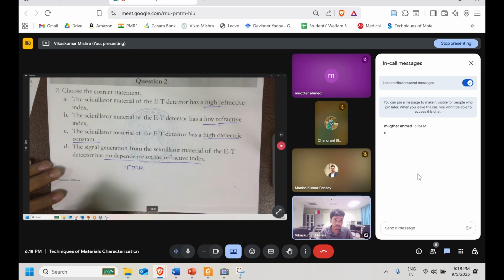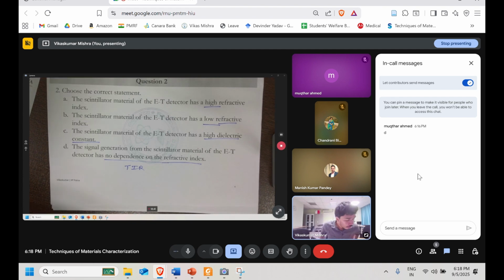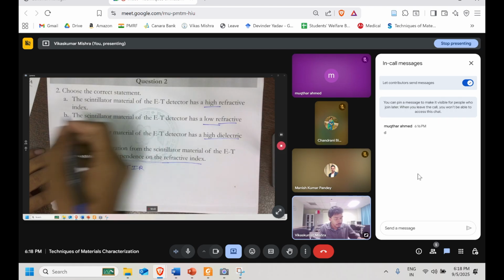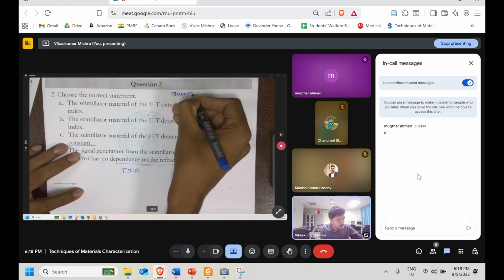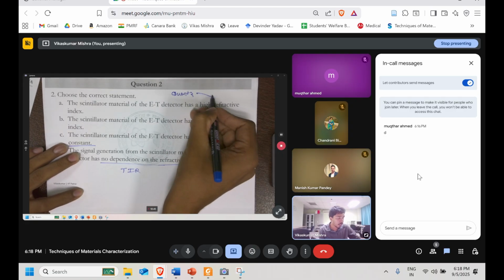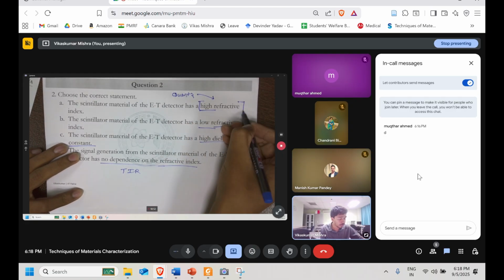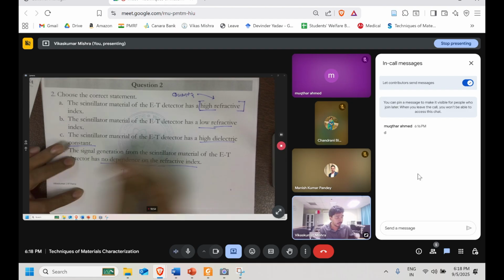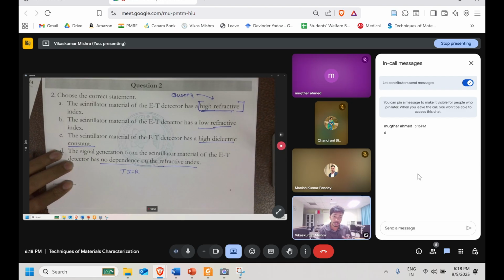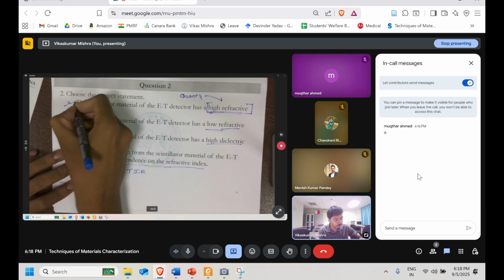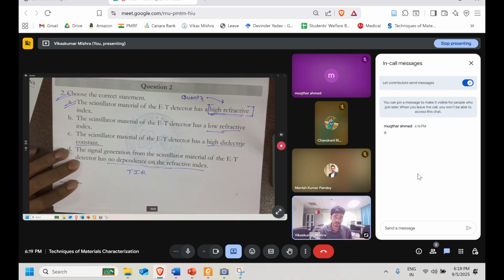The light guide is made up of quartz, and it usually has a very high refractive index, and it is needed. This is the core of this scintillator, how we can guide the light beam. So the right answer is option A here.